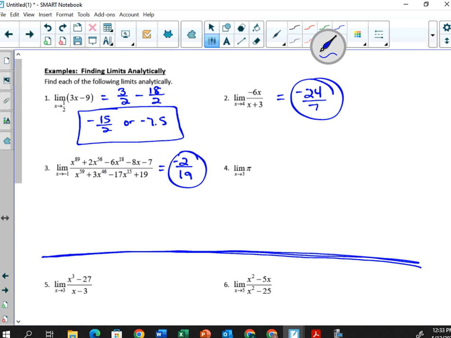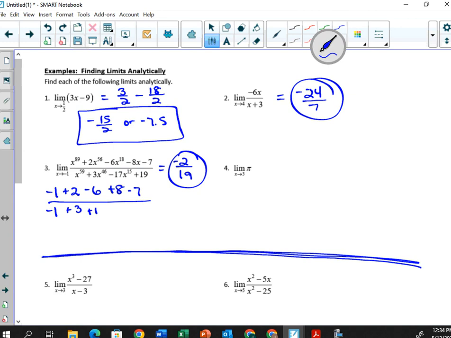Don't you get negative 3? Okay, let's go through it. If I plug negative 1 in and raise it to the 89th, that is negative 1. Negative 1 to the 56th is positive times 2, so that'd be plus 2. Negative 1 to the 18th is positive times negative 6. Plus 8 minus 7 times negative 1, that'd be plus 3.